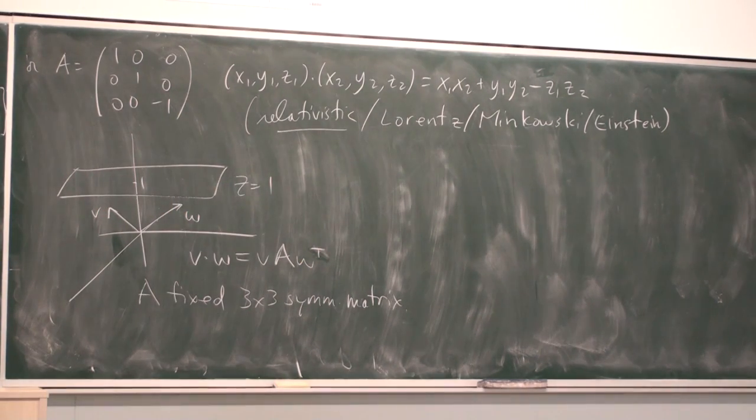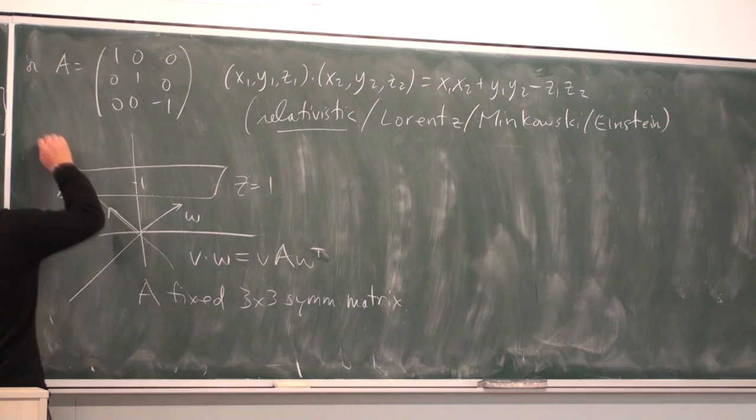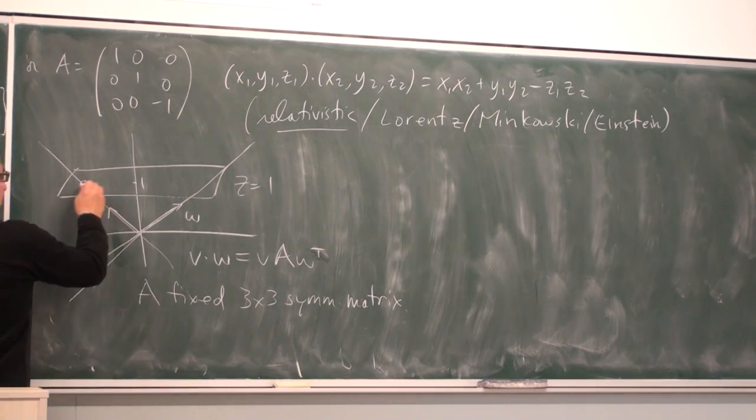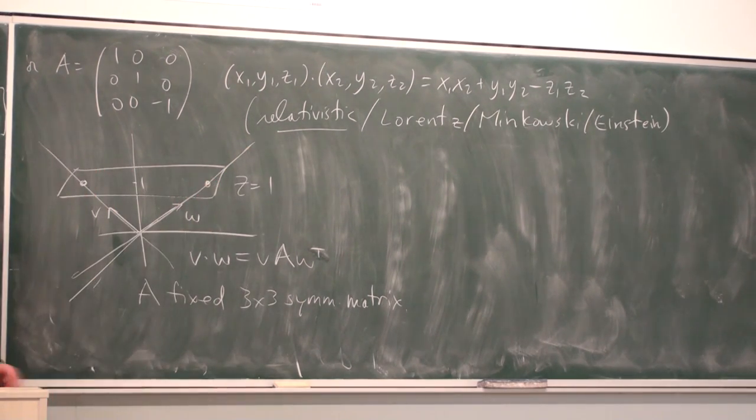All right, so that's a structure in the three-dimensional space, but we want to think about what it looks like in the two-dimensional projective plane. Well, when we're doing that, we're looking at lines. So we can look at the lines through v and w, and they will intersect in 2 points here.